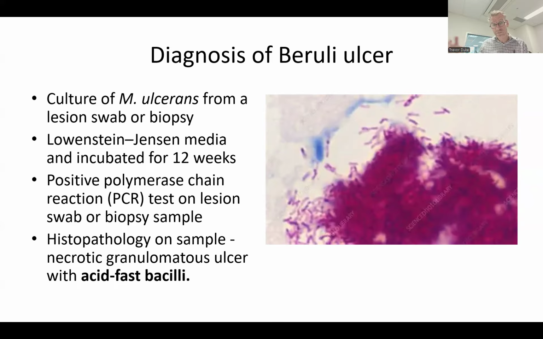Just like TB takes 6 to 8 weeks to grow, Mycobacterium ulcerans takes even longer, about 8 to 12 weeks. There are now PCR tests for Mycobacterium ulcerans, but if you see an ulcer that looks like that, a necrotic granulomatous ulcer, and you do a biopsy or even a swab that has acid-fast bacilli, it's probably a Buruli ulcer.